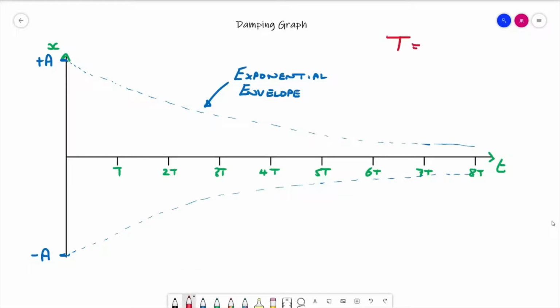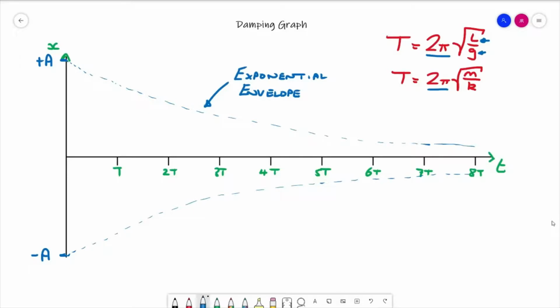When it comes to time period, though, let's just remind ourselves of the equations we've got. Firstly, for a simple pendulum, T equals 2 pi root L over g. And then for a mass on a spring, T is equal to 2 pi root m over k. Now, when we look at these two equations, the 2 pi's in both are just numbers, therefore constant. For the simple pendulum, the length is a constant, and g is the acceleration due to gravity.